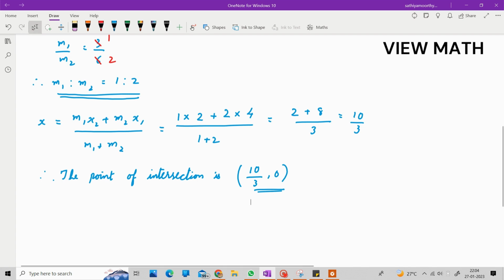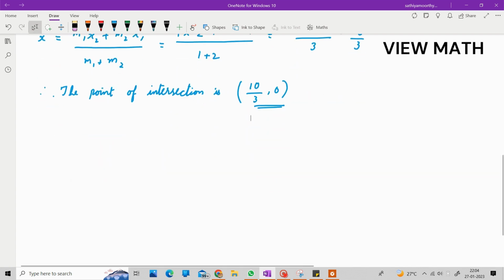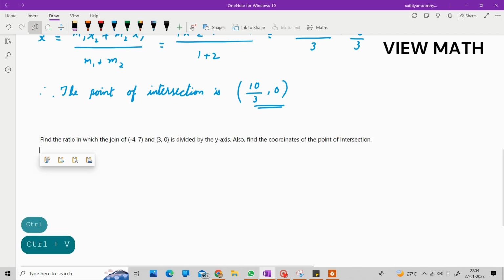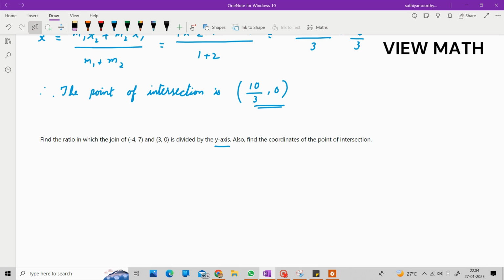Now let me do another problem of the same type. Find the ratio in which the join of (-4, 7) and (3, 0) is divided by the y-axis. In this problem, they are saying that these two points, the end points of the line segment, are being divided by the y-axis.